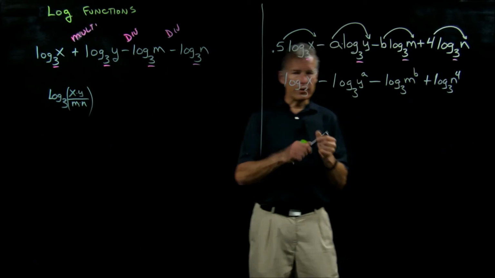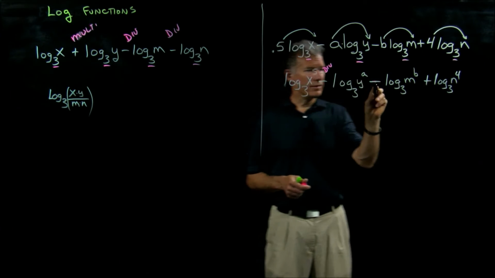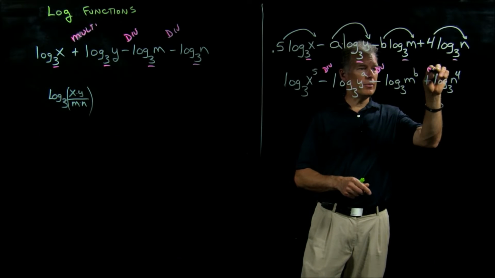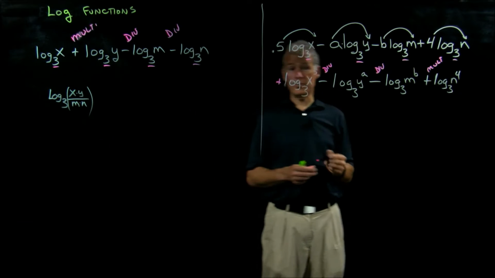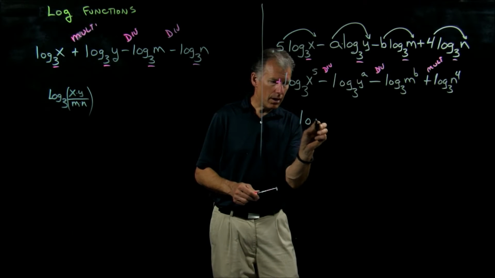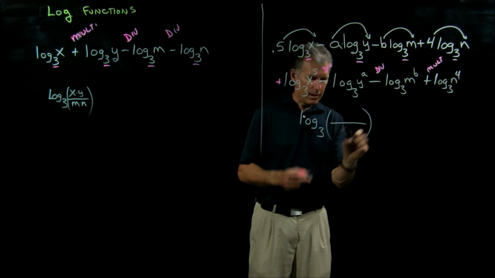So just like before, so now this is subtraction, so this will be divide. Subtraction is divide. And here we have addition, so this is going to be multiplication. If it helps you, you could think about that as being plus as well. So now we're going to have log base 3 of, and what's in the denominator?